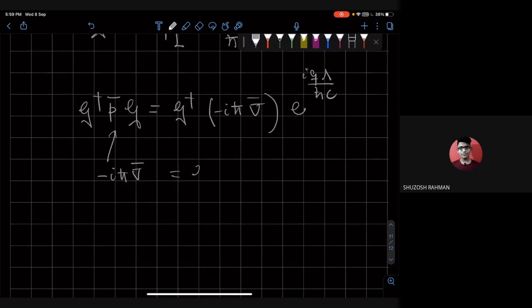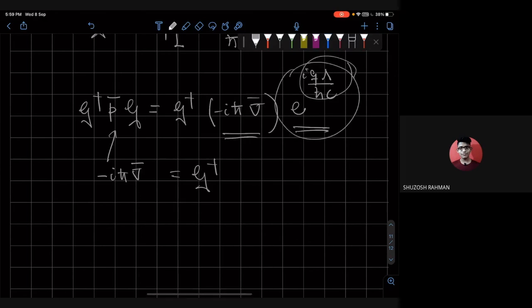Then we are going to have G inverse, but this derivative acting on this is going to give me this factor times something, so I'm going to get a factor of G here anyway.